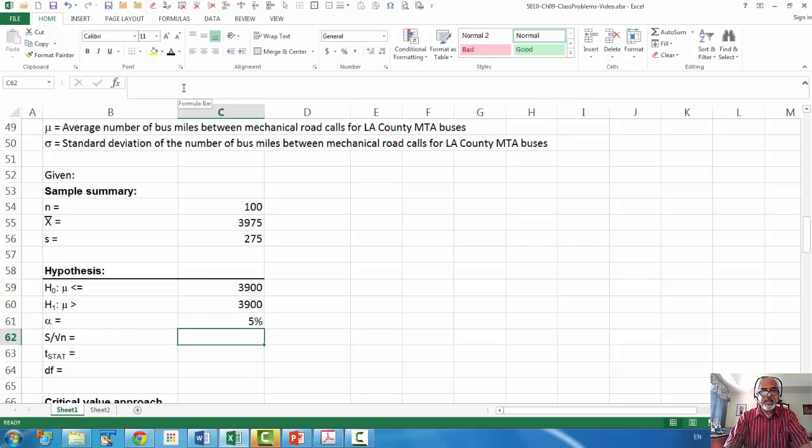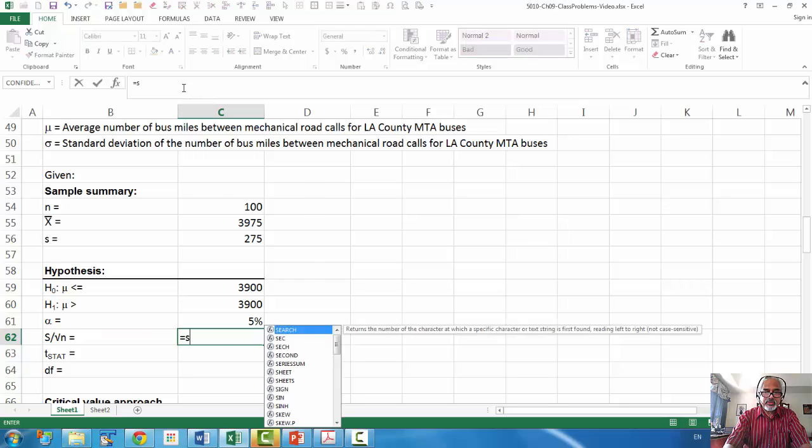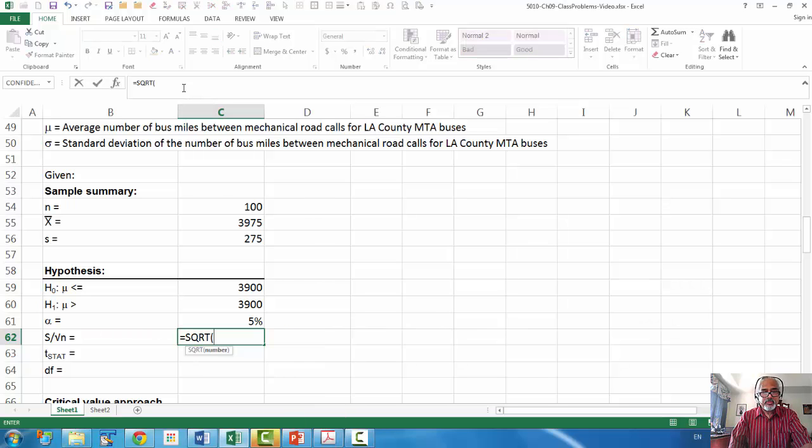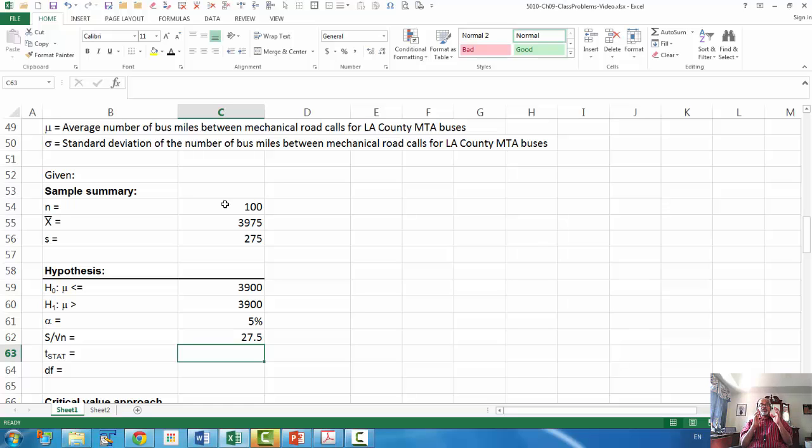So we need the standard error, which is s over square root of n. Now this is a t statistic because sigma is unknown.